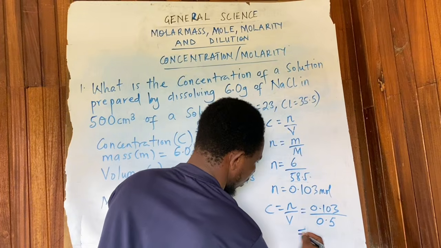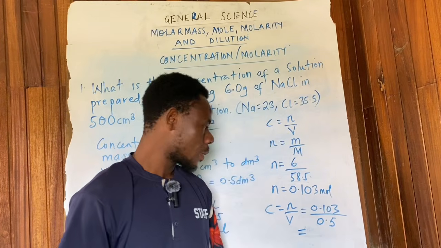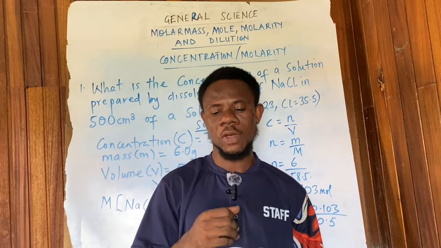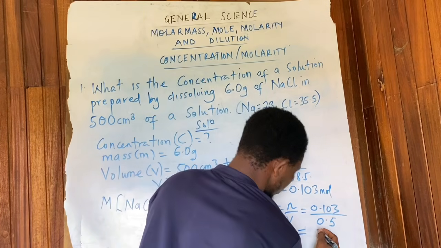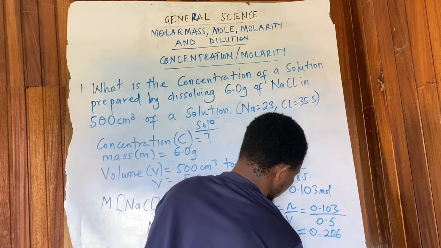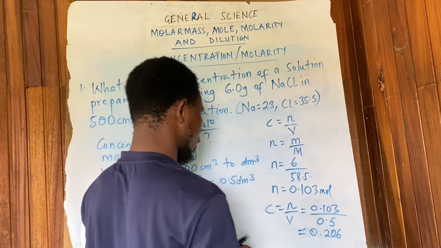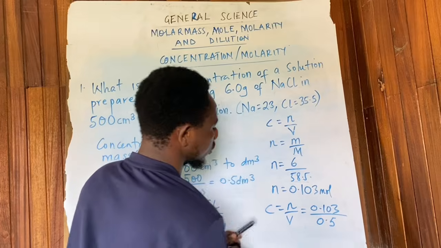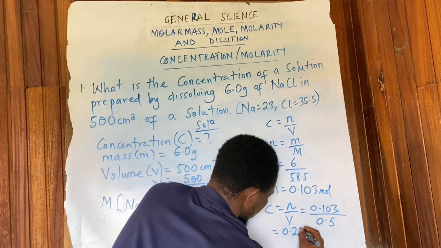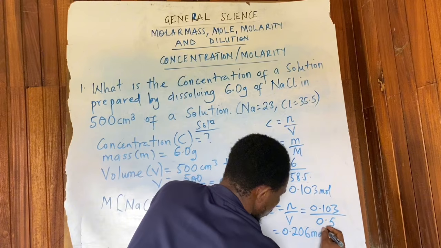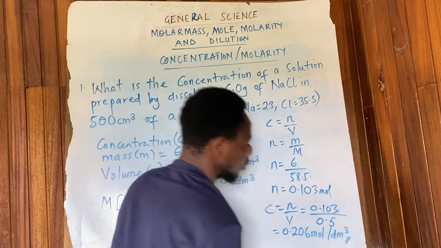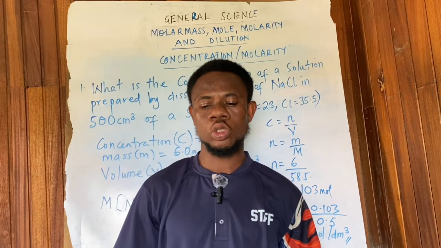So we are going to get our final answer: 0.103 over 0.5 is 0.206 mole per dm cube. Please don't forget your unit.